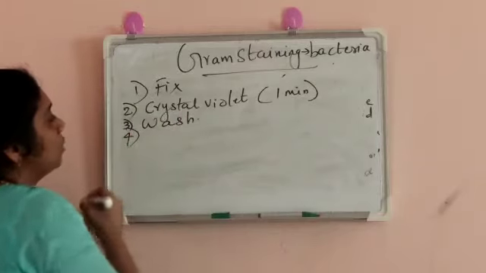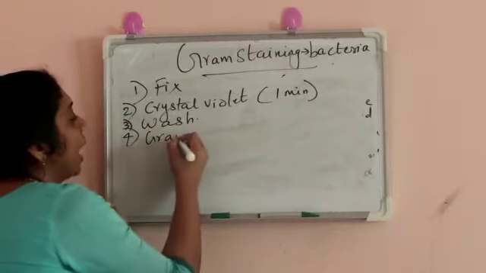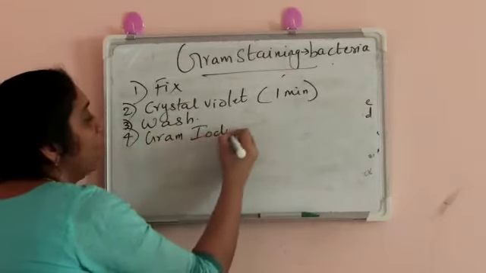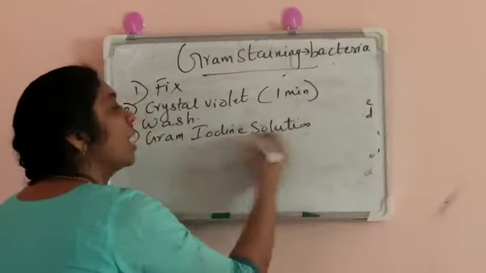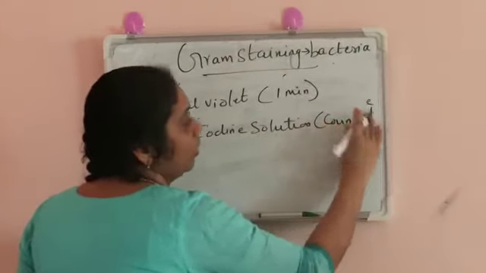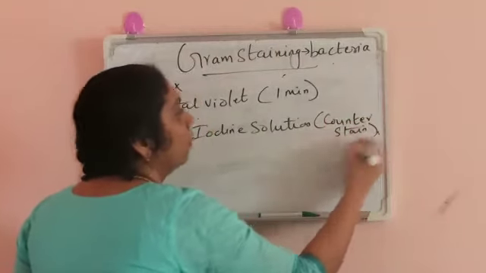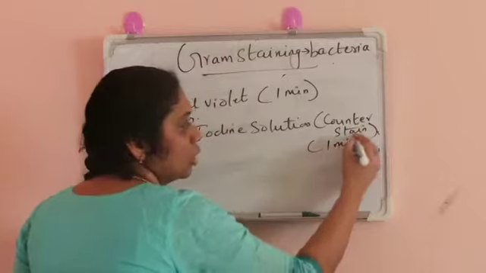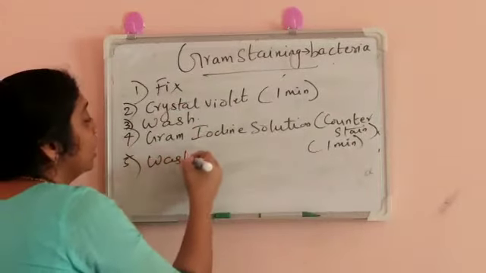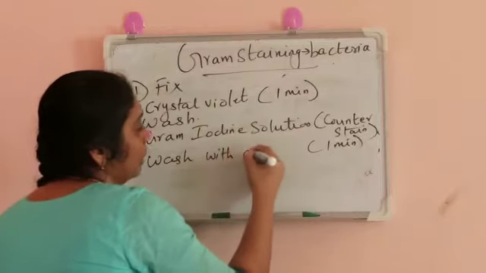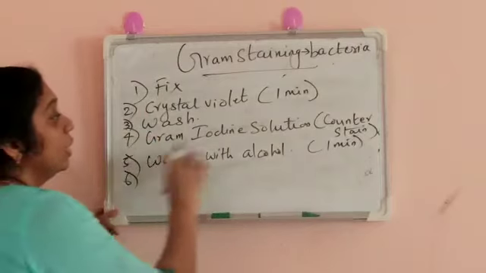The fourth step is to stain it with gram iodine solution. Gram iodine is also a counter stain, the second stain we are using. Keep it for 30 seconds to 1 minute. The next step is to wash it with alcohol or acetone.